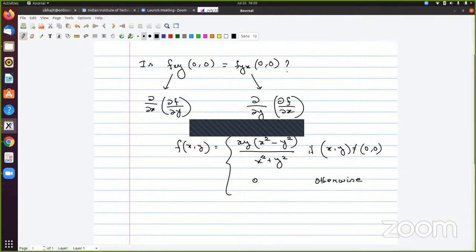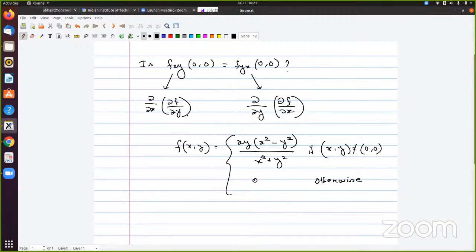So you are saying I have written it wrongly? Yes, sir. Okay, so basically it's a convention. Anyway, I need these two, whether they are equal or not. First with respect to y, then with respect to x, and then first with respect to x, then with respect to y. So how can we approach it?